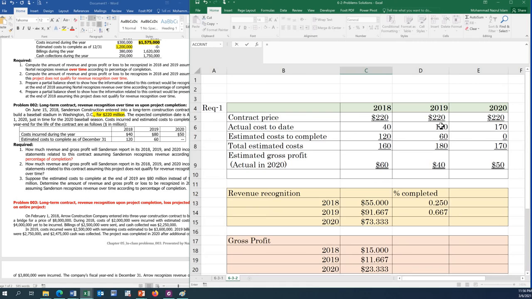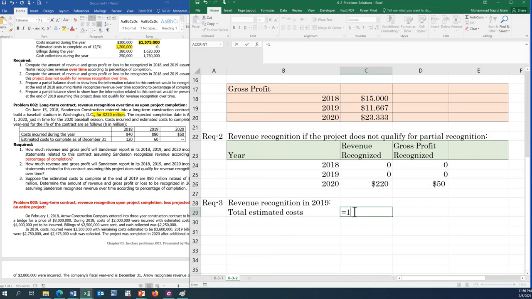So 120 plus 80 is 200, correct? And the percentage of completion would be 120 divided by 200, 60%.